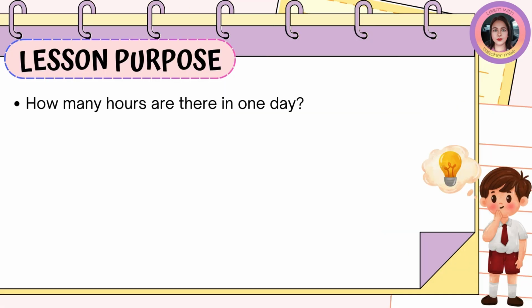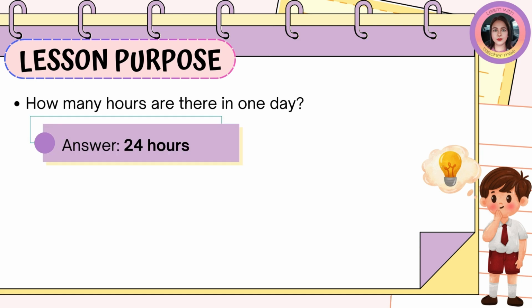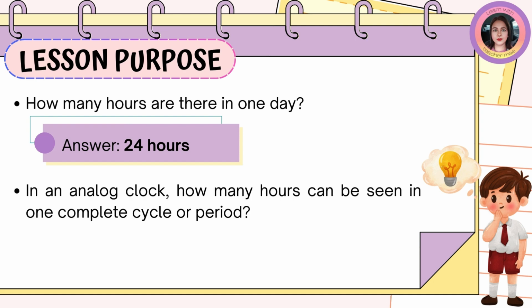How many hours are there in one day? The answer is 24 hours. In an analog clock, how many hours can be seen in one complete cycle or period?